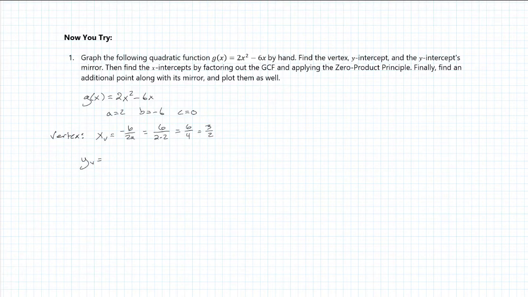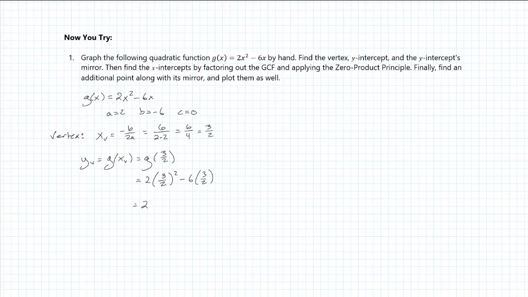We're going to plug that x value of the vertex back into the function to find its corresponding y value. So g of 3/2 is going to give us 2 times 3/2 squared minus 6 times 3/2.